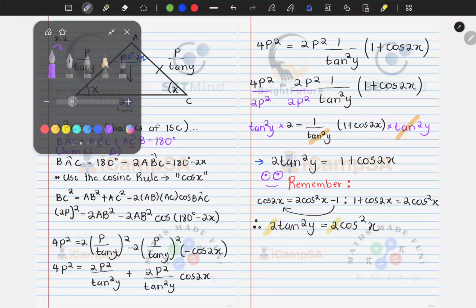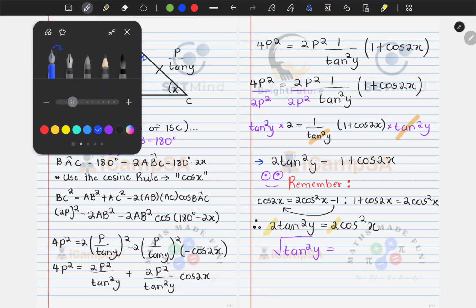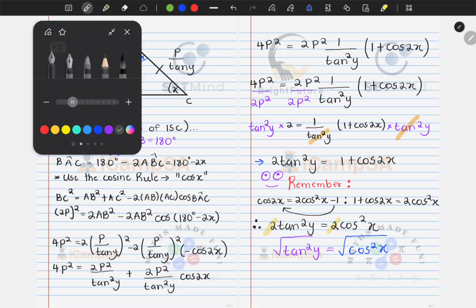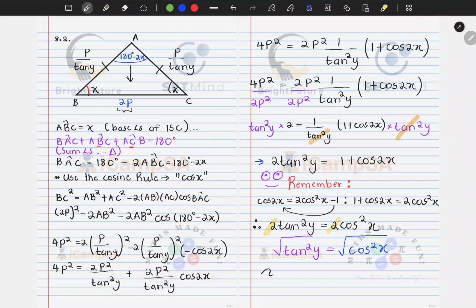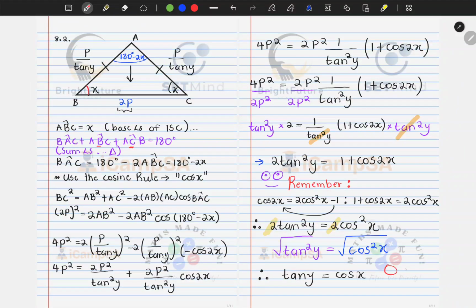Then we can square root both sides, so we have the square root of tan squared y, and what you do on the left, you do on the right, the square root of cos squared x. If you observe carefully, the square roots will cancel with the squares, giving us that tan of y equals cos of x, which is what the question required us to show.